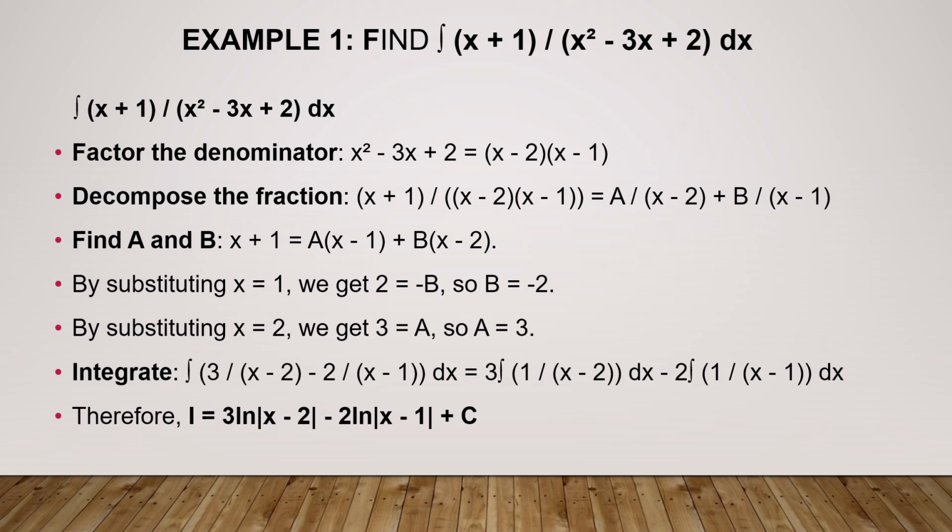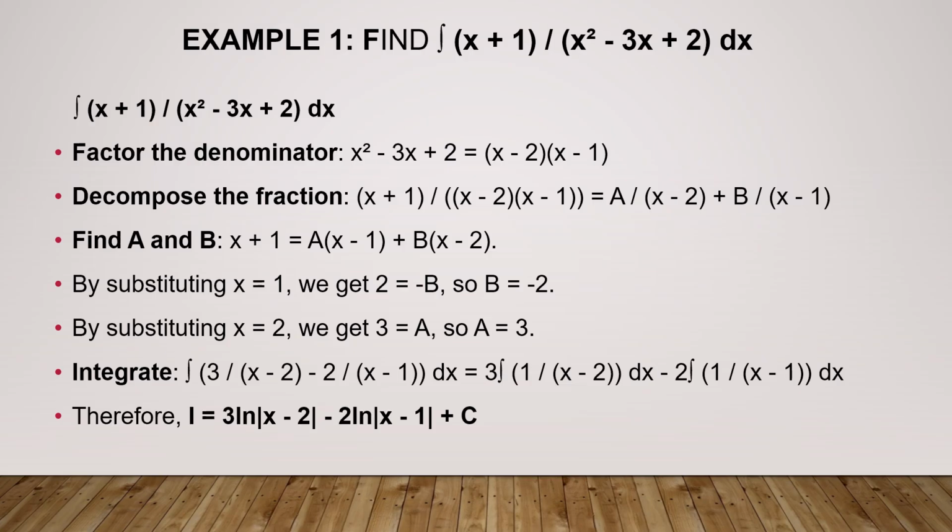The numerator x plus 1 equals, on the right hand side, when you take the LCM, a into (x minus 1) plus b into (x minus 2). You just need to simplify this. A simple way is, suppose I take x equal to 1, then I will get b as minus 2. And if I take x equal to 2, I will get a as 3.